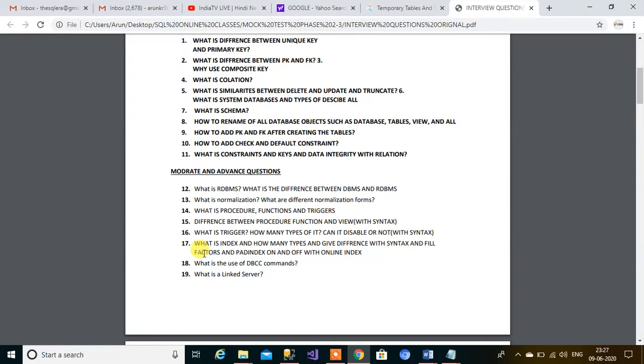All these concepts are very important, you need to go through them and try to work them out one by one. If you are able to do that, you can definitely crack the interviews.